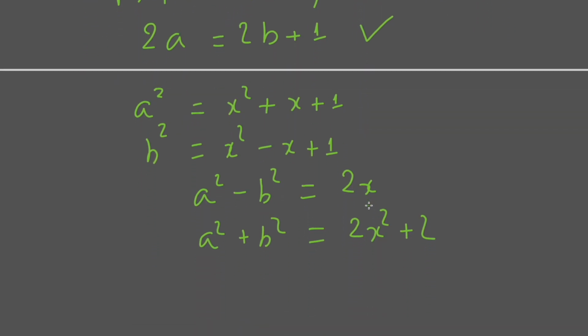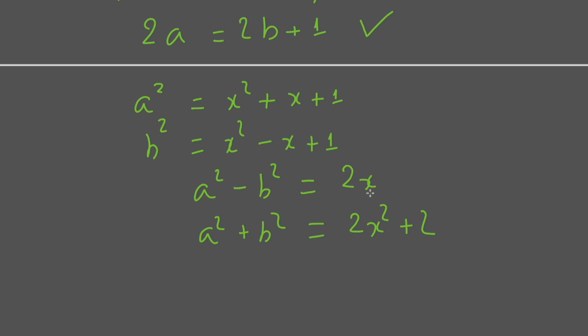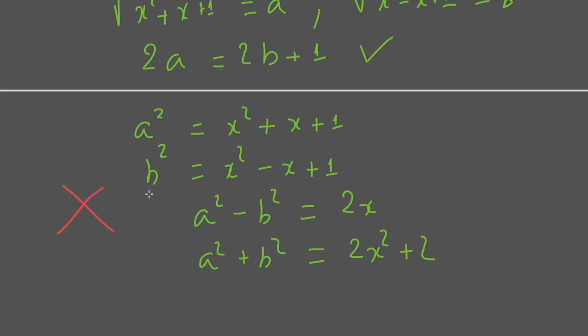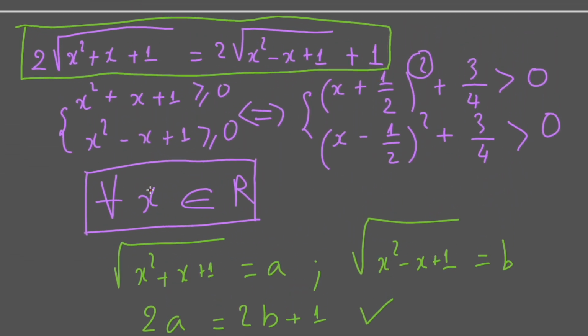Then you have to find another equation that has a relationship between the substitutions and is dependent on the variable, in this case x. But you cannot do it in this problem, so we don't use this approach. Let's try another way.